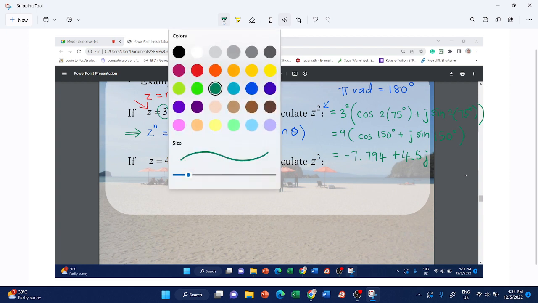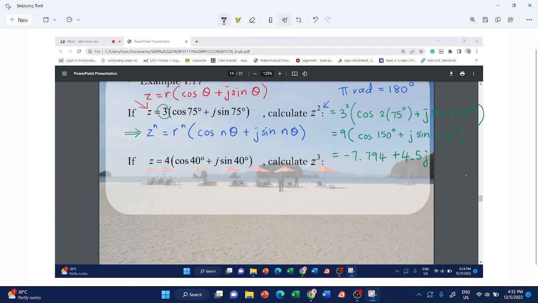We do another example here. Second one, we have a different z. This is our r, this is theta, and this is our n. So z power 3. We just apply De Moivre's theorem.